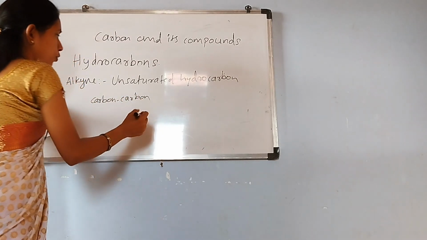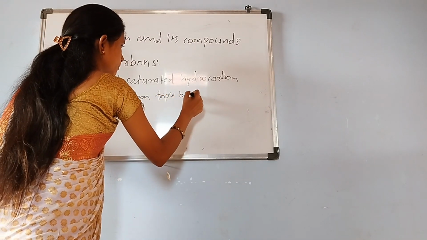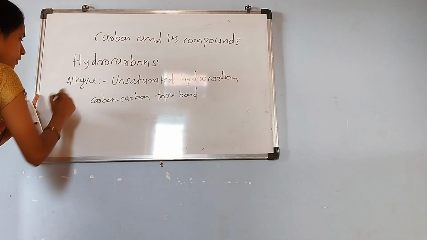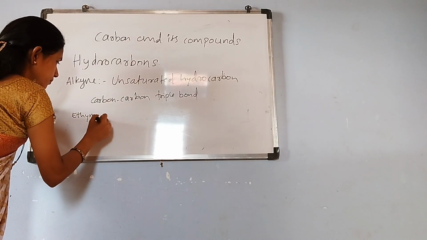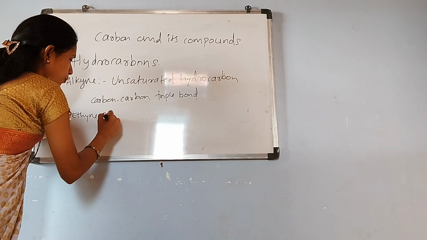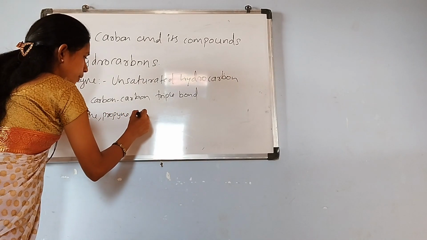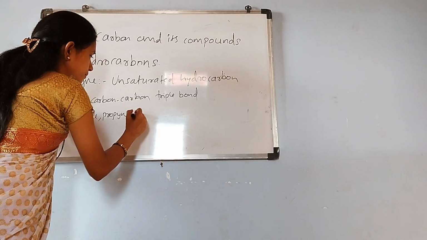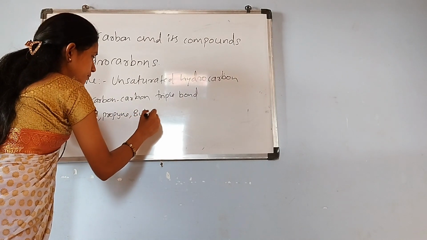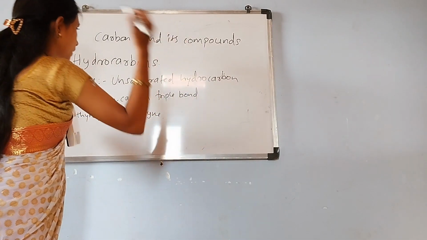Examples of it are ethyne, propyne, butyne, pentyne, like that.